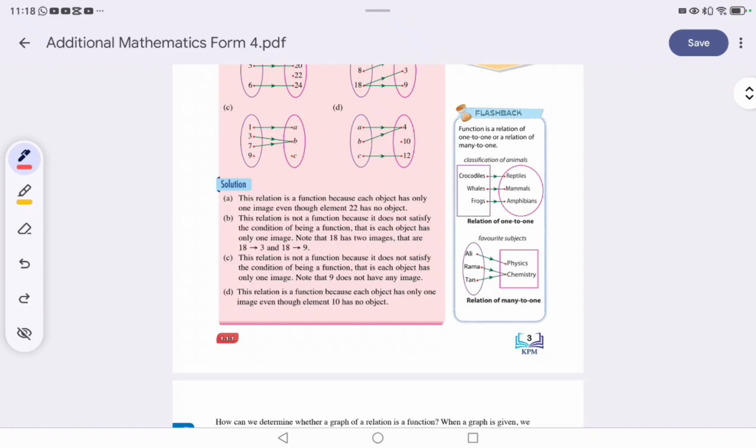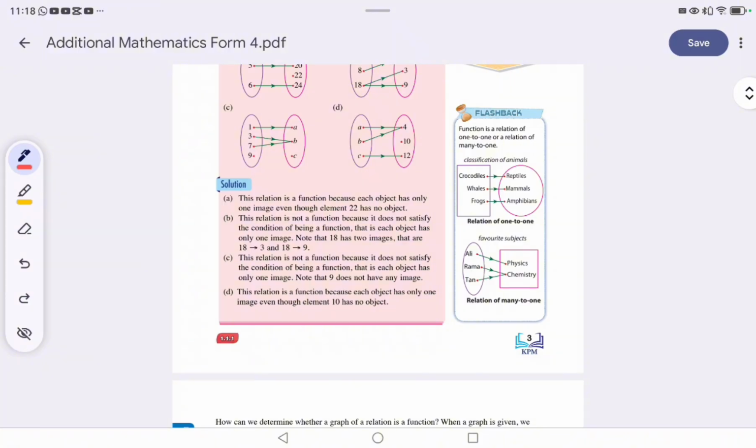Today we are going to look at Maths, Form 4, Chapter 1. Before we start our activity, we should know a function is a relation of 1 to 1 or a relation of many to 1.